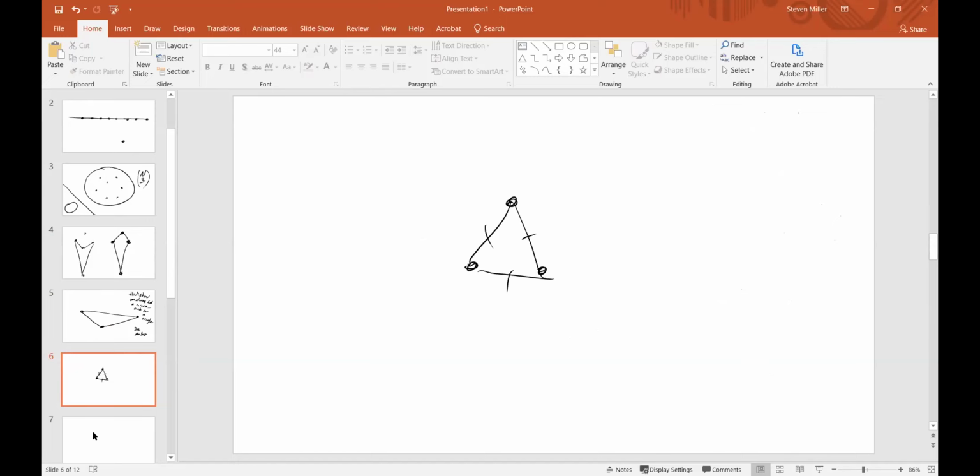So there's only one possibility for the circumcircle, and only one possibility for its center by complete symmetry. It has to be the middle. And so if I give you an equilateral triangle, it's got to look like that.